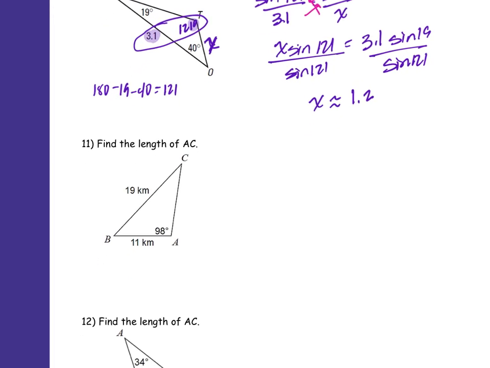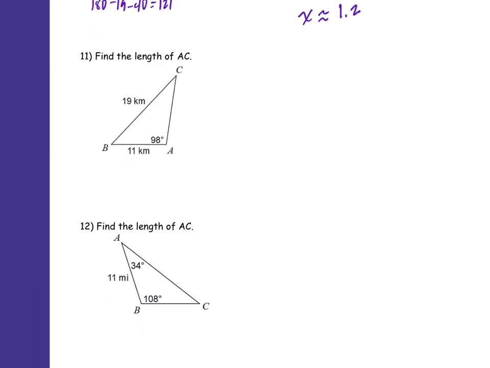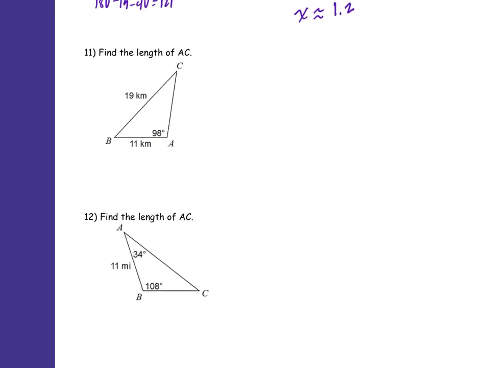Okay, so for 11, I'm going to have you guys do 11 and 12, but I'm going to talk to you about them first. For 11, they want you to find the length of AC, so this length here. Well, I know the two angles here that I need.